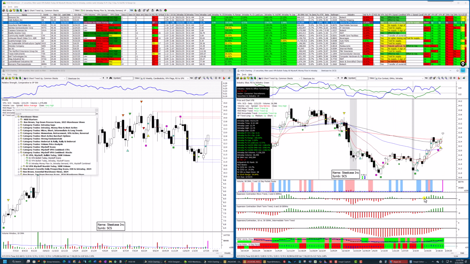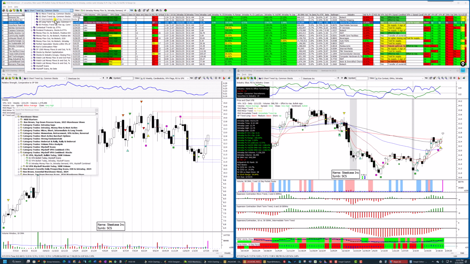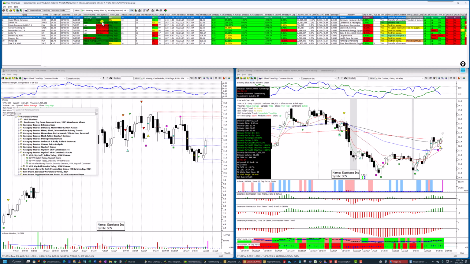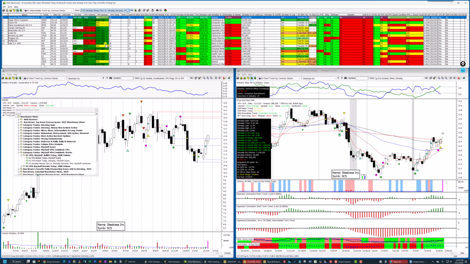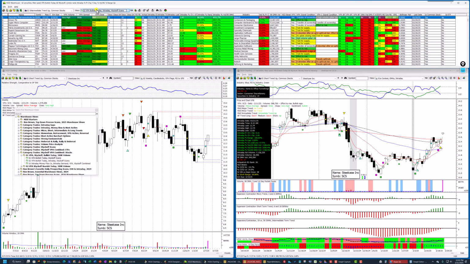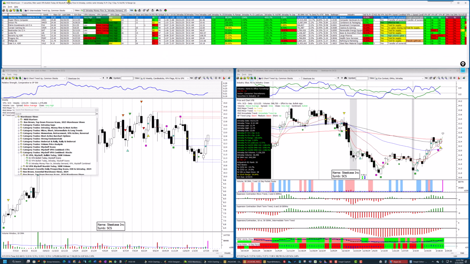The 6 crossed the 18 back here, and it went into a short-term trend up. I'm going to move it down to the intermediate term trend up. Let's see how many there are. 42 in here, and the ones that are moving today are 11 of them.